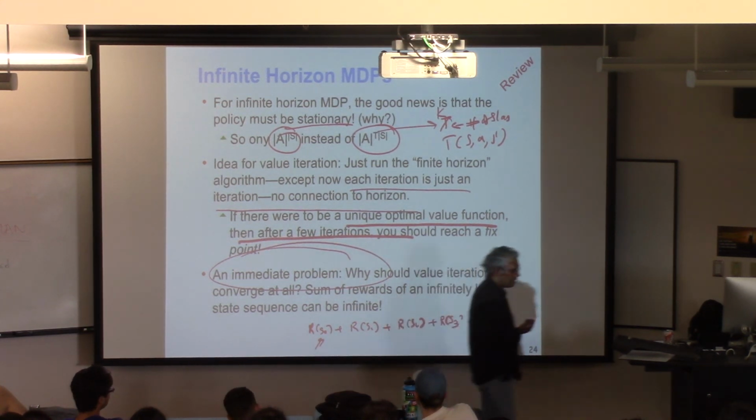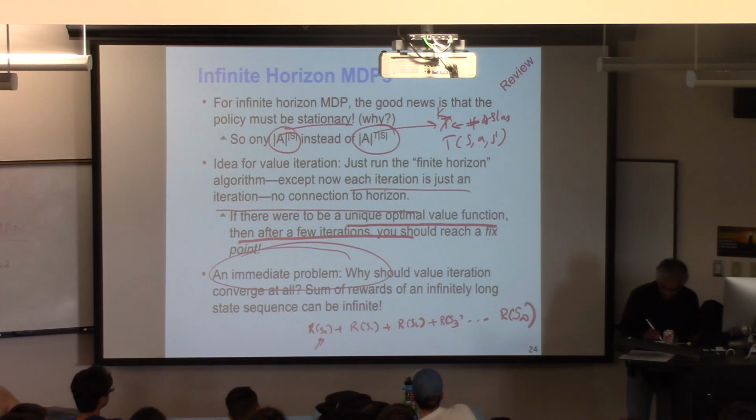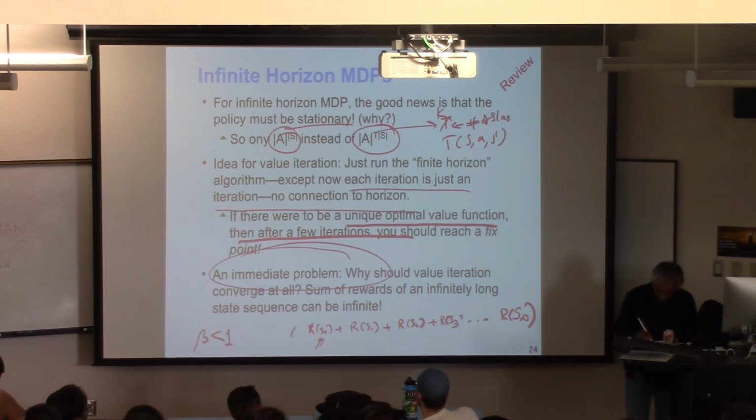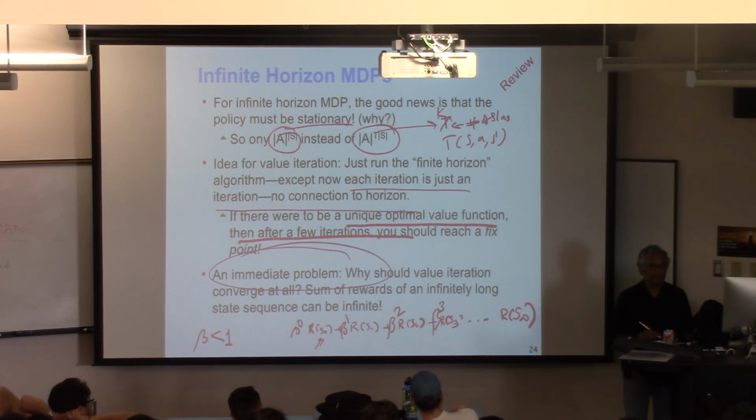What will I do? I'll take a beta, strictly less than 1, a positive value. And then just throw this here: beta power 0 with this, beta power 1 with this, beta power 2 with this, beta power 3 with this. You see what I'm saying?